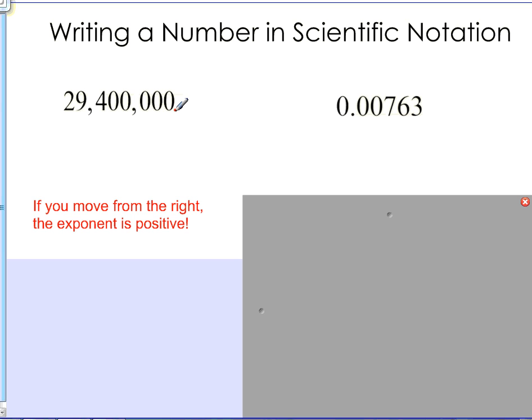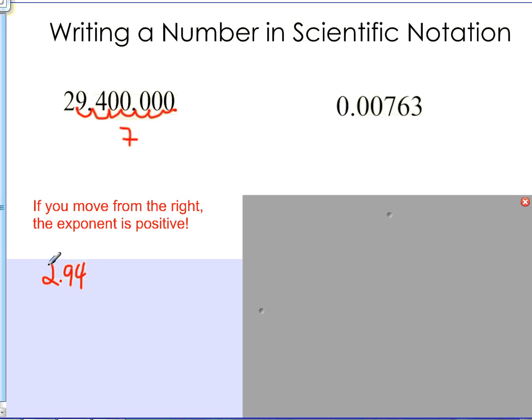And you're going to swoop. You're going to go 1, 2, 3, 4, 5, 6, 7. Now the reason I did 7 is because I want to land so my number is between 1 and 10, okay? So 2.94 is between 1 and 10.